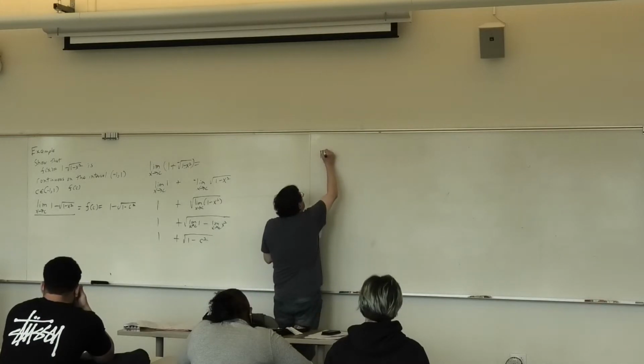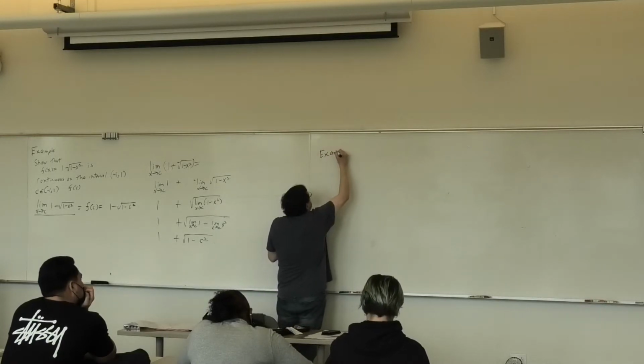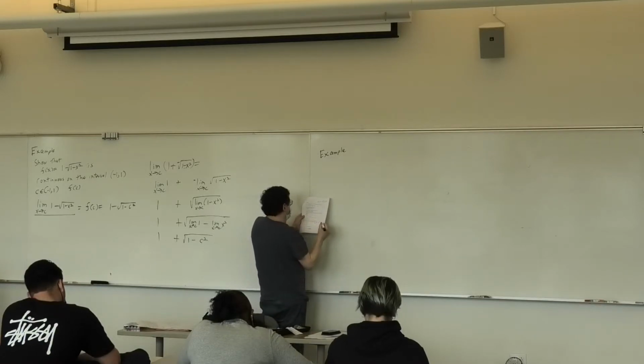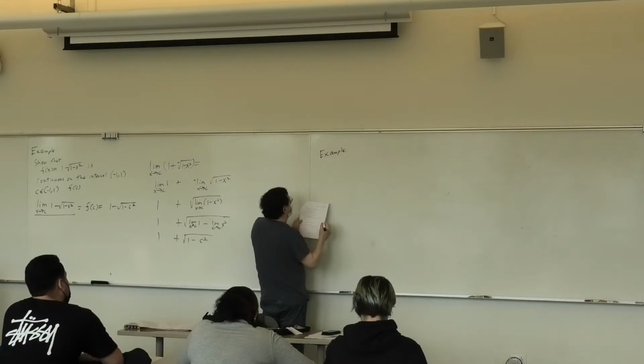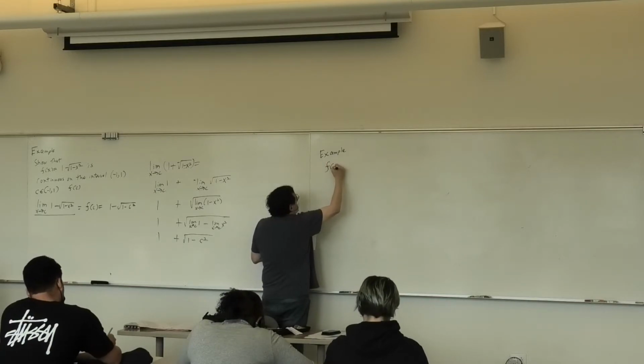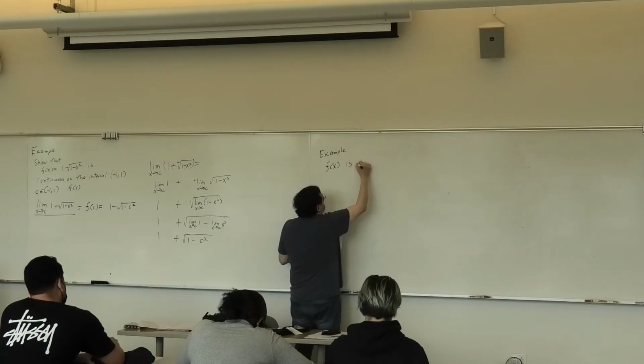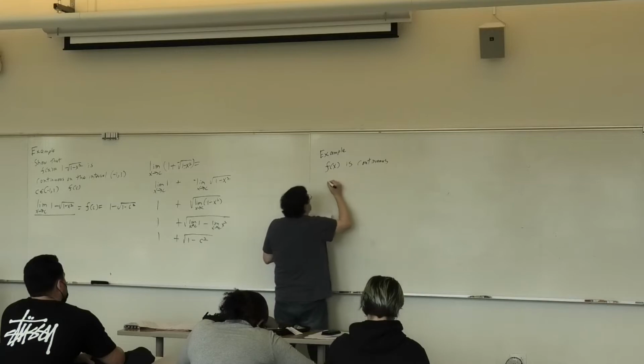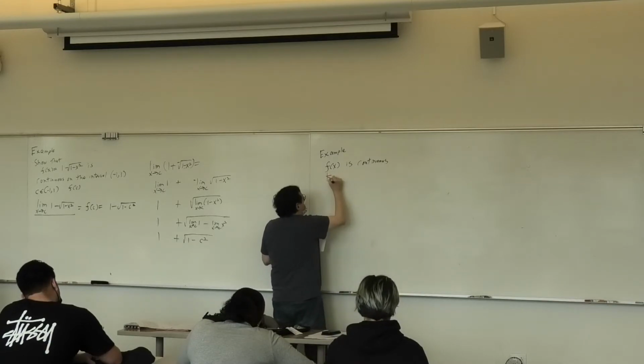Example here. We have a function f of x that is continuous, and k is a constant.